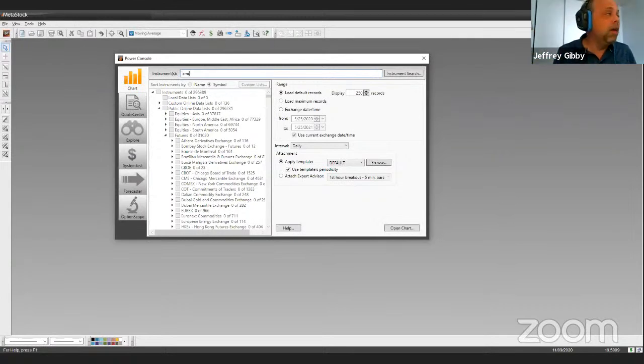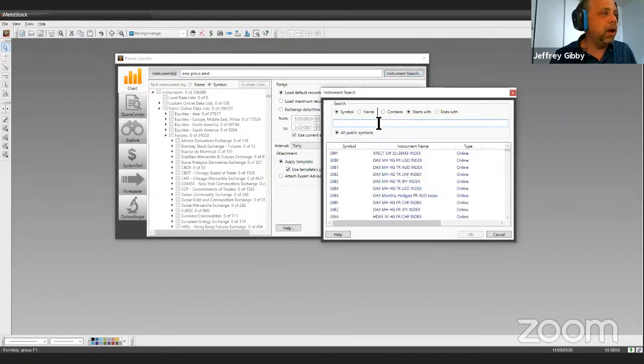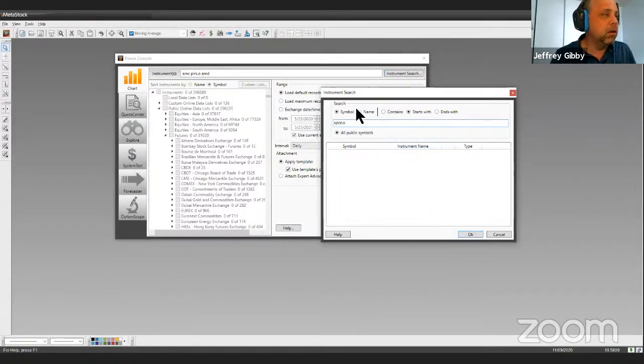That's fine. The first one was AMC. PIRS, that's an interesting one. PIRS.O. AMD. Okay. SPCE. I'm just going to do a little bit of an instrument search here to find that one. I think it's SPCE.O for the Reuters symbols.